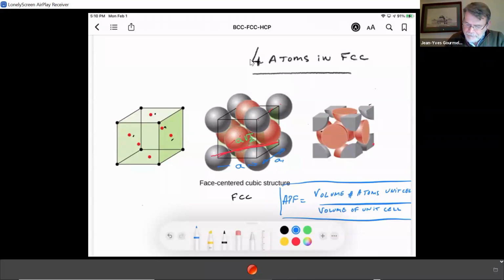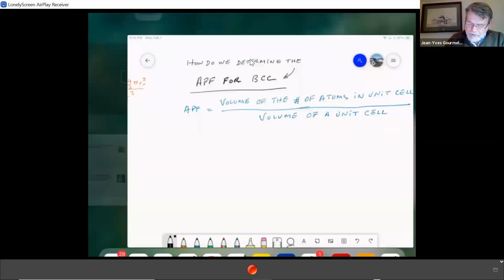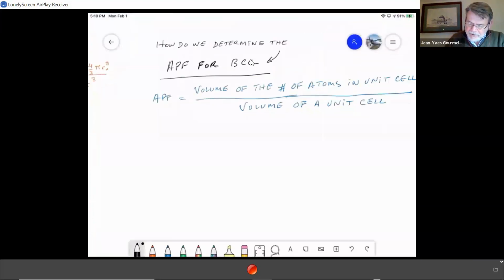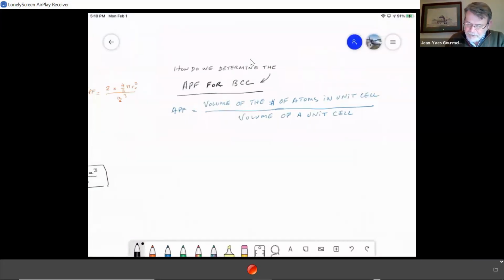The diagonal here is A root 2. Remember, the APF, atomic packing factor, is the volume of the atoms in the unit cell divided by the volume of the unit cell. All right, so we had 4 atoms for FCC.